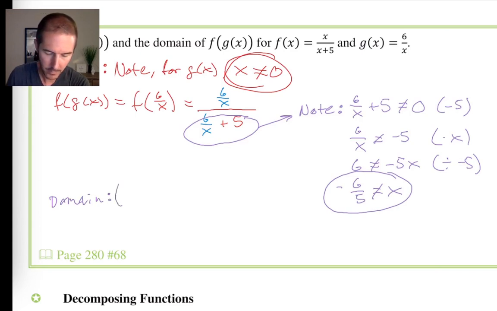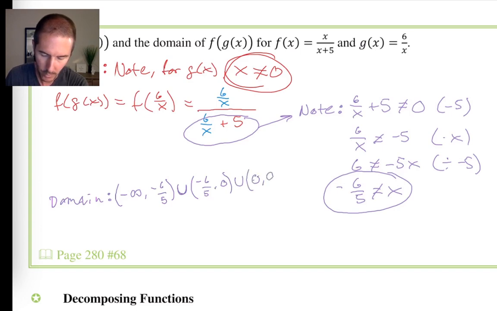So that's everything from negative infinity up to negative 6/5, or that's the union symbol, or we can use values that start from negative 6/5 going up to 0, but we don't want to include 0, or we can use values from 0 going all the way up to positive infinity.